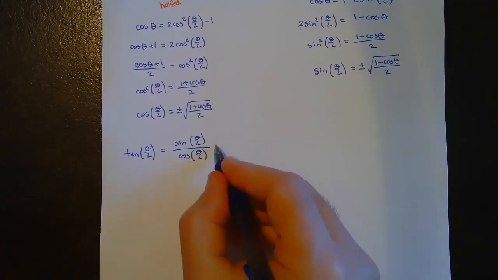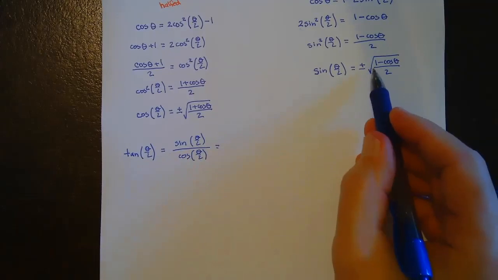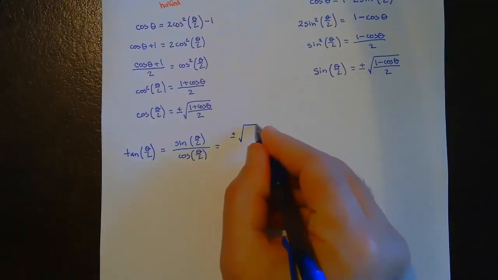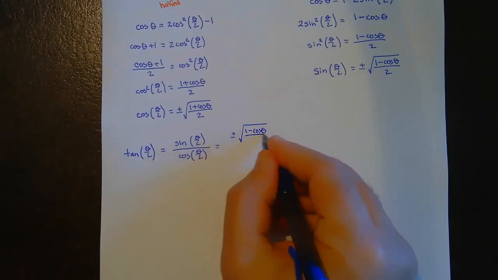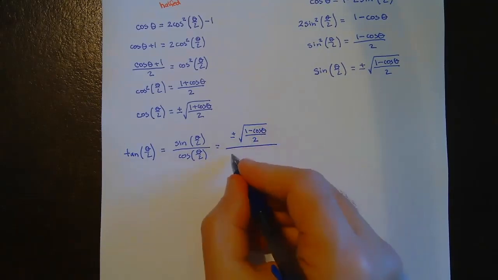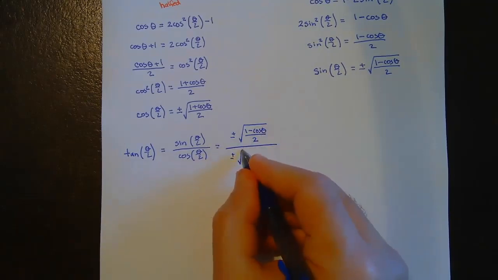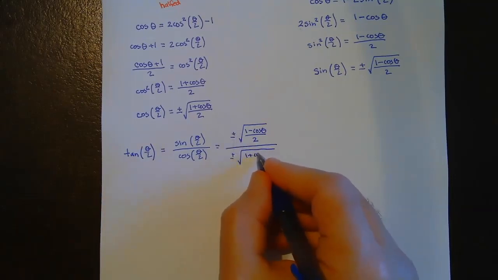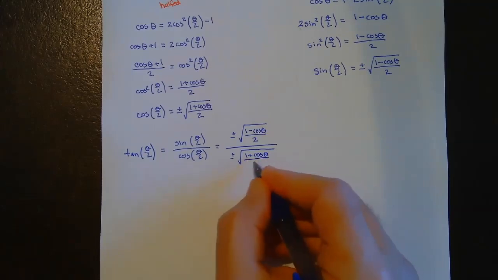And so we can replace this numerator with the plus or minus square root of 1 minus cosine theta over 2, all over plus or minus the square root of 1 plus cosine theta over 2.